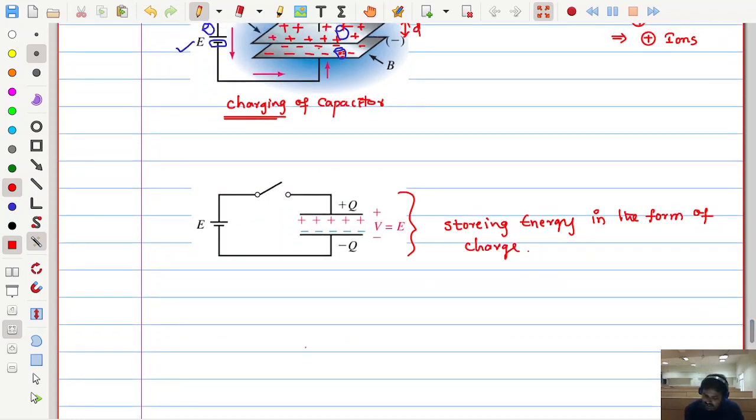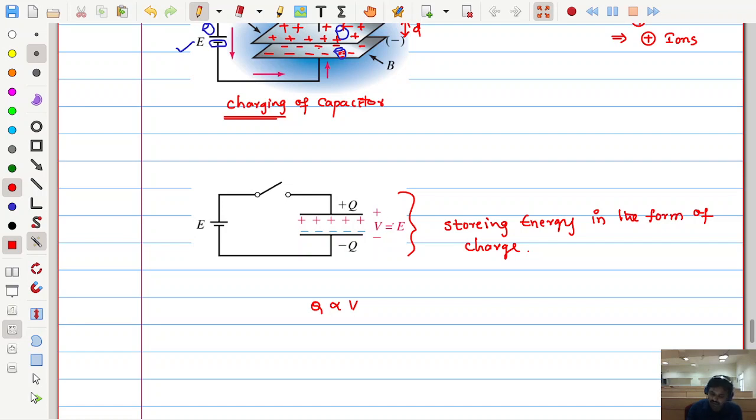Now how much is that charge? It is always proportional to the voltage built across these two plates. We said that voltage is simply charge separation. When charge separation is there, definitely voltage is there. If more charge separation is there, more voltage can be built.